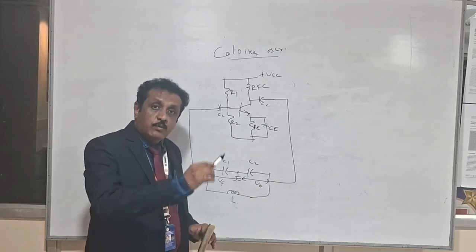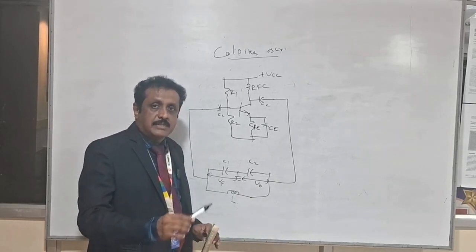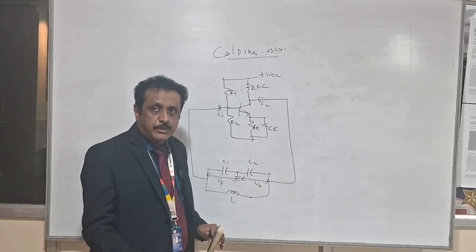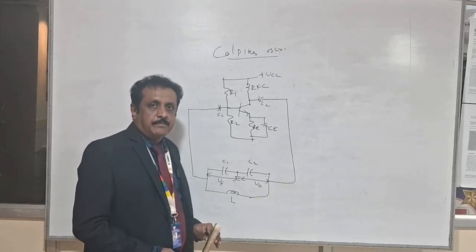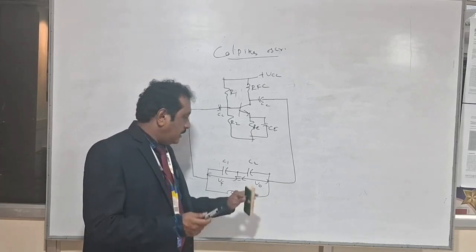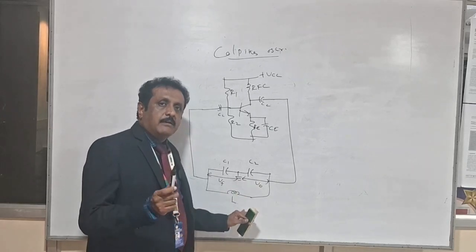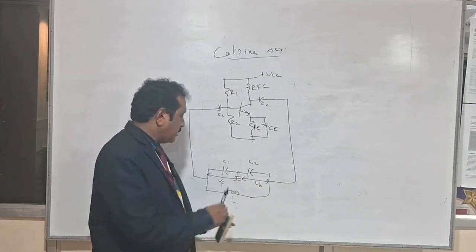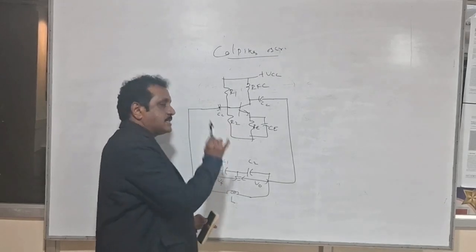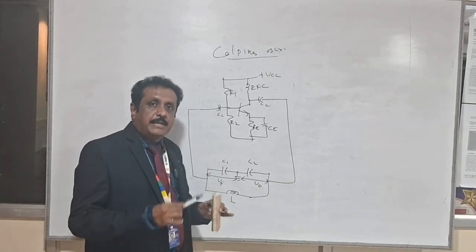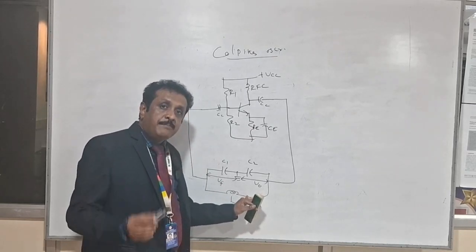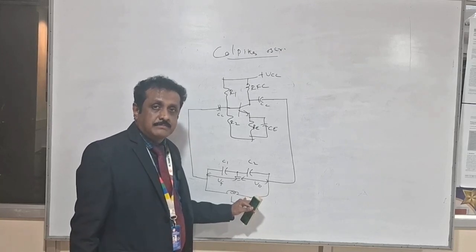Once the capacitor is fully charged, it starts discharging through the coil, so electric field energy is totally converted into magnetic field energy. This interchange of energy between capacitor and inductor produces oscillation. That will be given back to the input of the common emitter amplifier through the coupling capacitor CC. This process will repeat again and again, because whatever oscillation is generated from the tank circuit is the initial excitation of the oscillation.